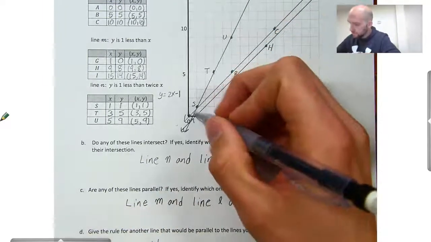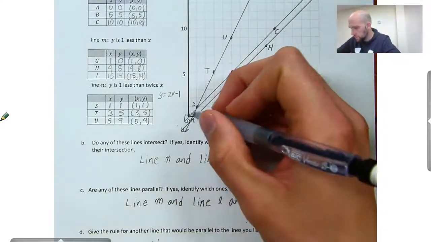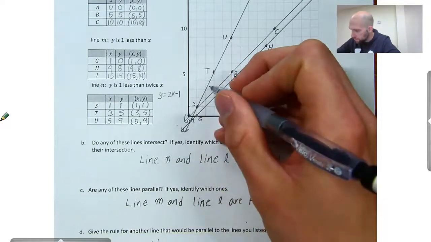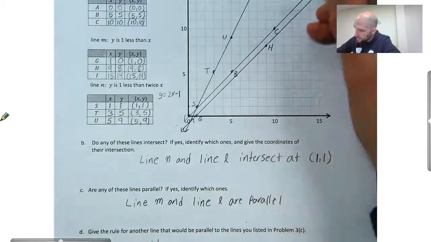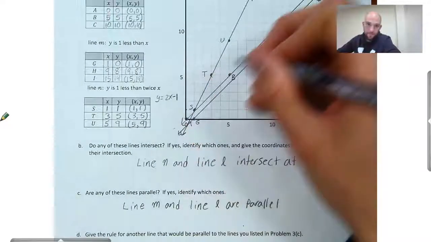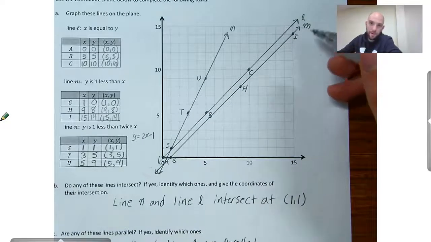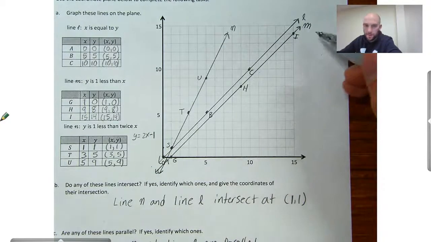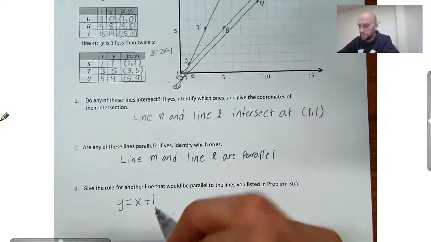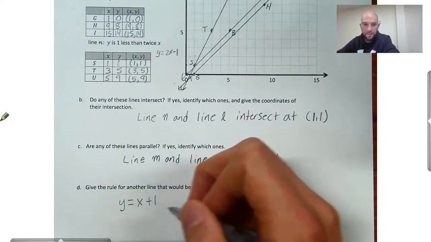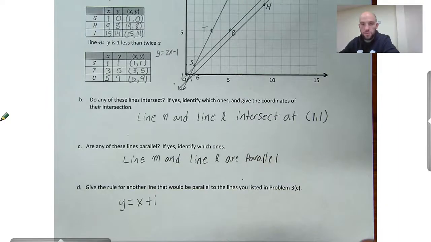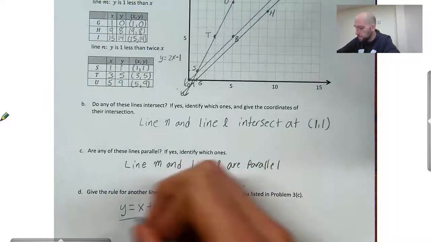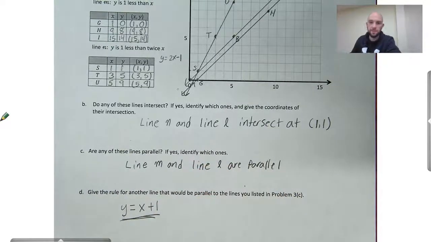Because if it was x plus 1, we could do 0, 1, 1, 2, 2, 3, and it would go right here, just a little bit above line L, whereas M would be a little bit below because that one's minus 1. So anytime we're just adding or subtracting a single digit like that, I think those lines would be parallel. So x plus 1 would be an example of one such line.